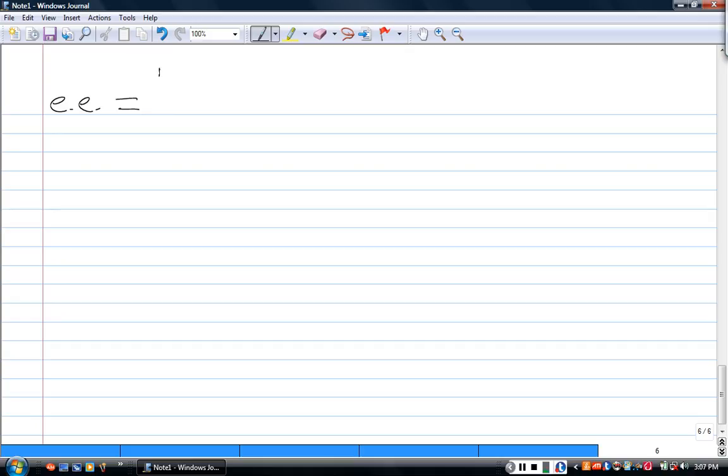So EE is defined as the number of moles of the major enantiomer, the one in excess, minus the number of moles of the enantiomer that is present in smaller amounts, the minor, over the sum, in other words, n major plus n minor, times 100.